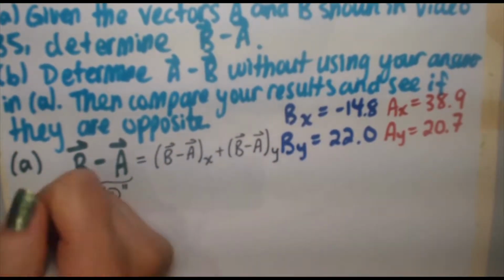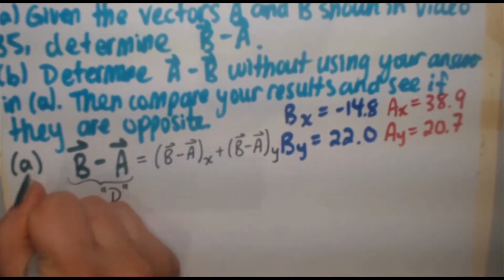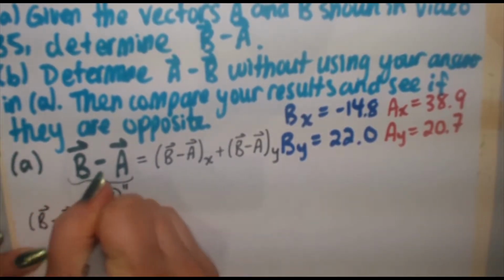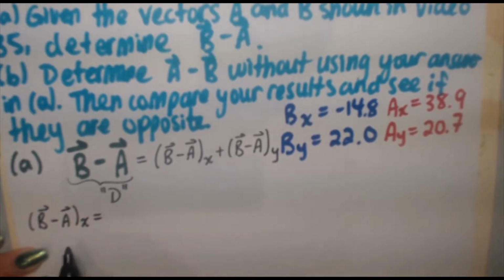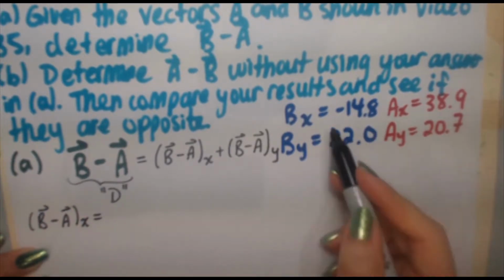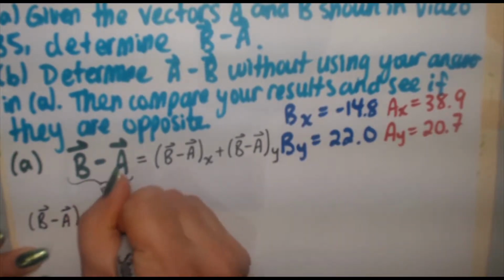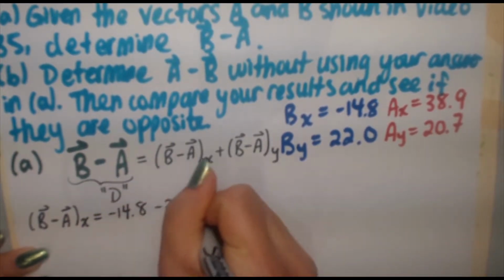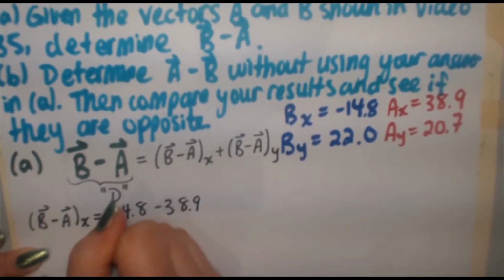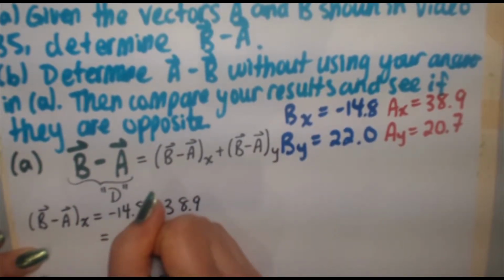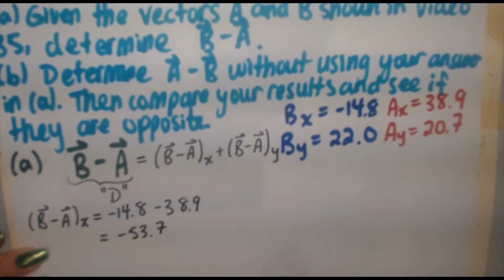First things first, let's find the x component. B minus A x is equal to Bx minus Ax. Bx is minus 14.8, Ax is 38.9, so minus 14.8 minus 38.9. You subtract those two, you get an even bigger negative number, negative 53.7.